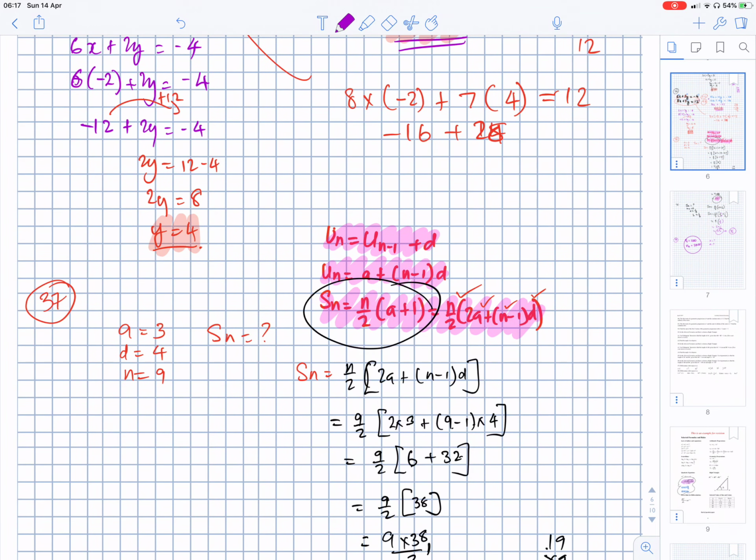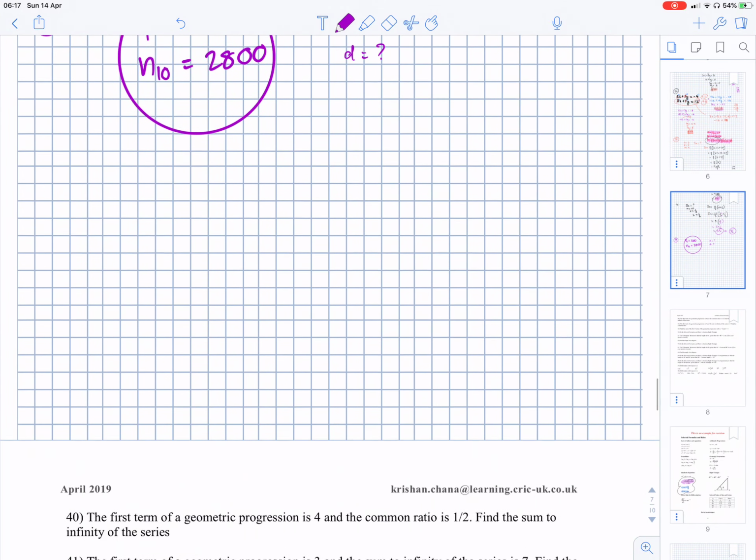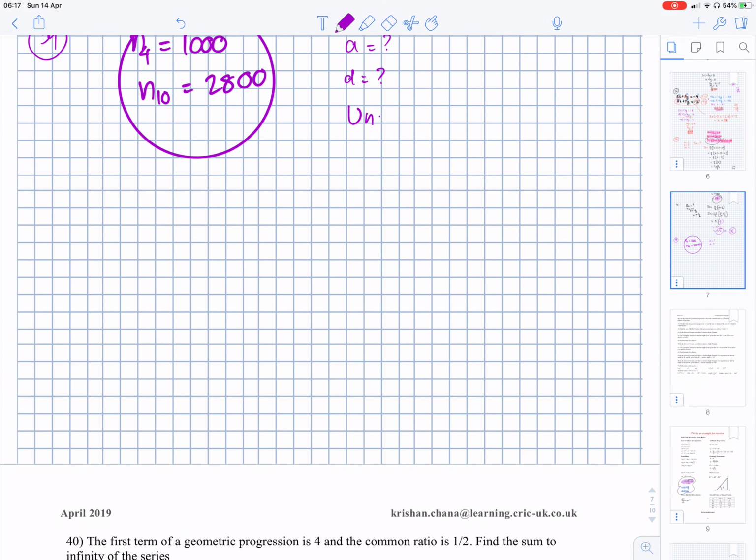Okay, so we can take this equation, un equals a plus n minus 1 d. Say u4 equals a plus 4 minus 1 d. But u4 is 1000, so 1000 equals a plus 3d, since 4 minus 1 is 3.